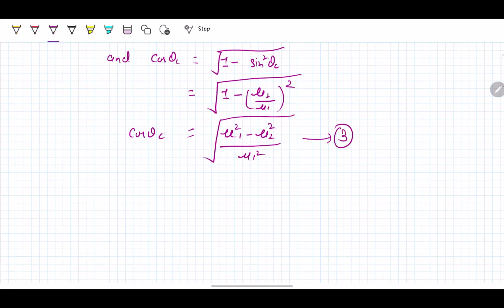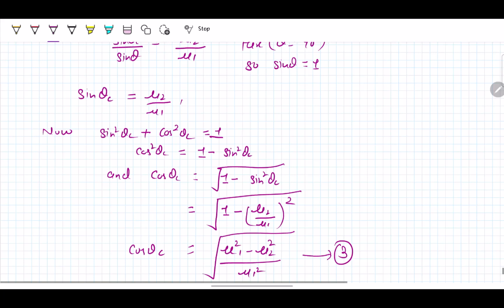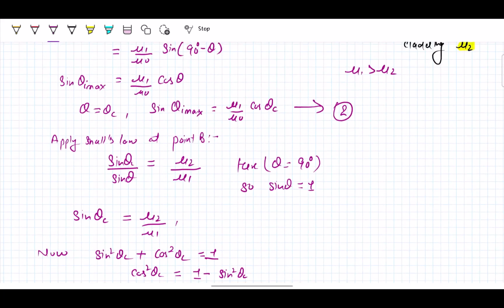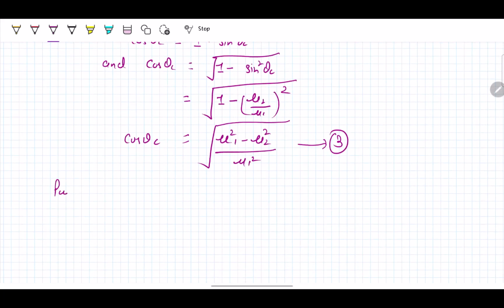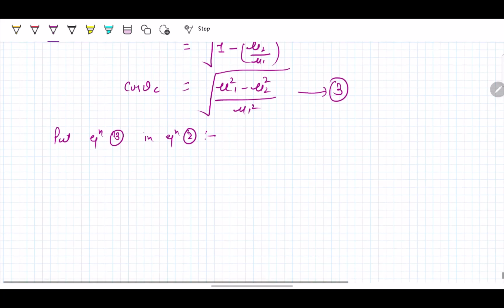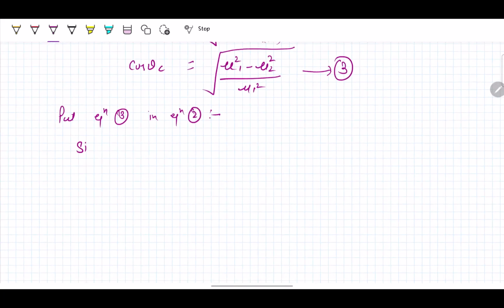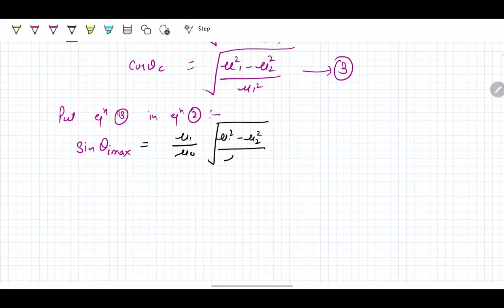Okay, now what I am going to do is to put this cos theta, equation 3, in my equation number 2. What are we getting? So we are getting sine theta_i maximum is equal to mu_1 over mu_0 times the square root of mu_1 squared minus mu_2 squared, over the square root of mu_1 squared, right?